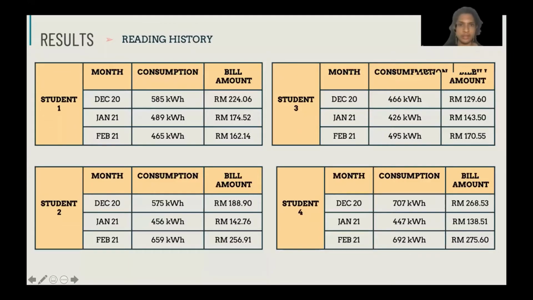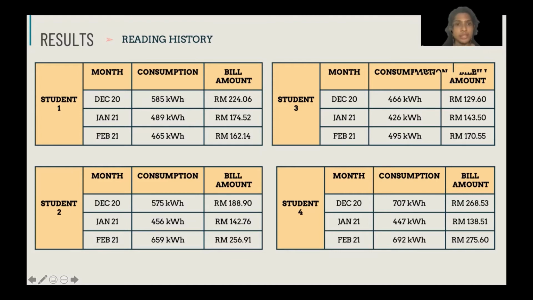For the results, here are the reading history collected from 4 houses. We collected the electricity bill provided by TNB, and as you can see, we decided to compare the months of December 2020, January 2021, and February 2021 for each house. The residents for each house are 5 adults, 3 adults, 2 adults, and 5 adults for house 4.